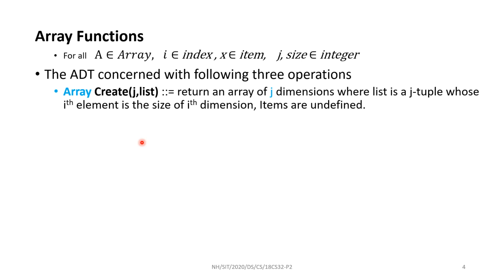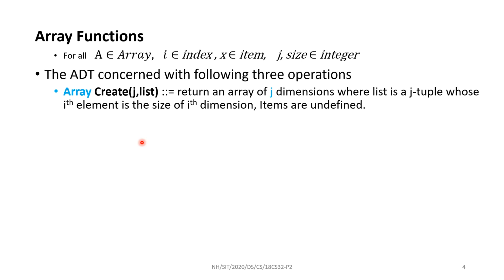After the creation of the array, we are reserving some space. It may be a fixed size or that size may not be known. Those locations are required to put our items, which we don't know yet. So we are going to allocate memory for the data items, which are undefined.